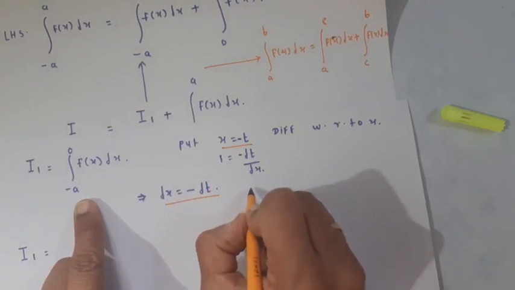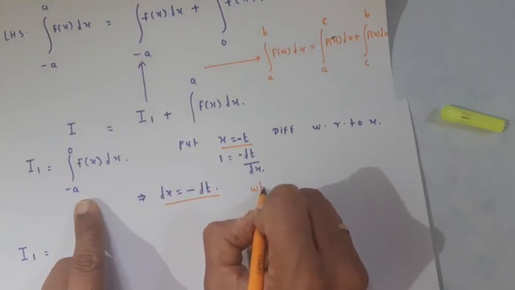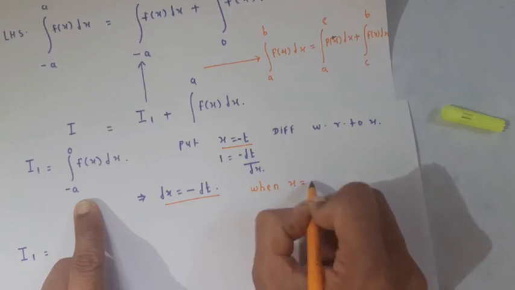The lower limit is minus a, that is when x equals minus a.